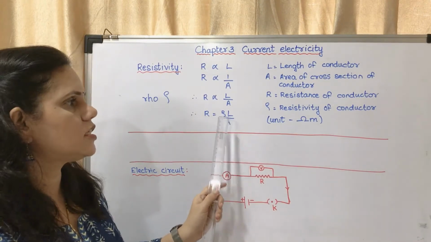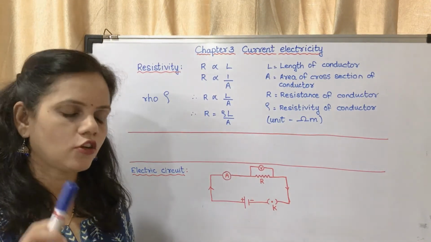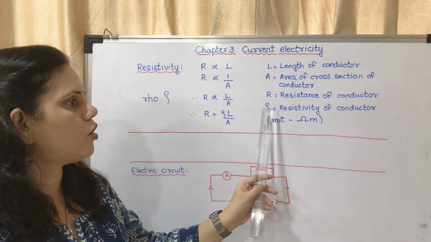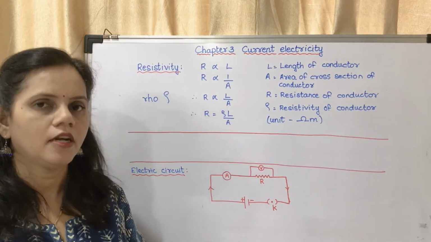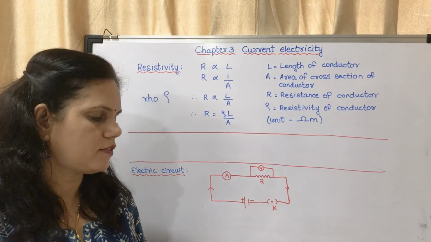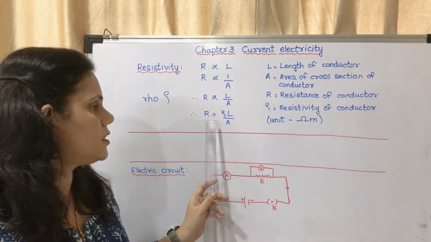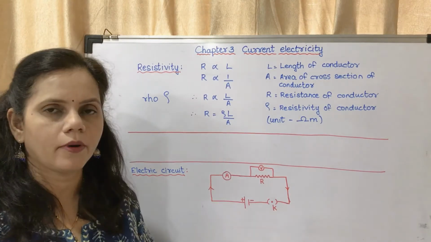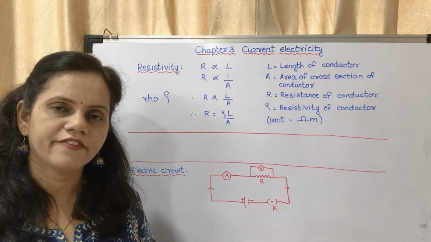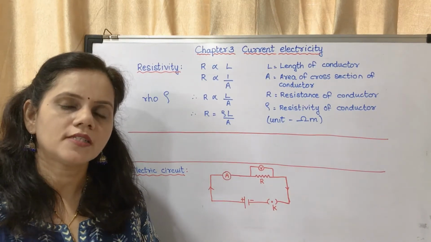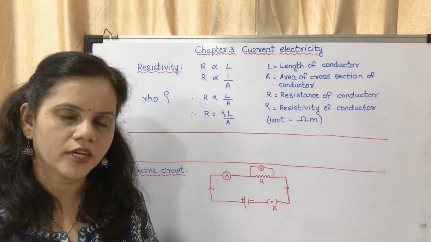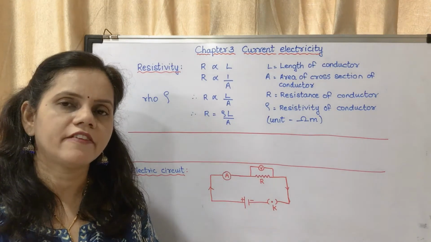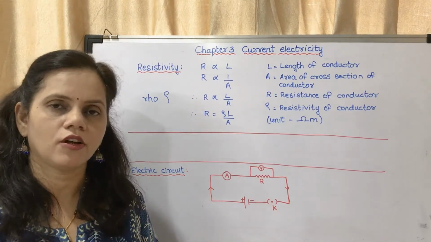Here the constant is rho, the constant of proportionality. And what is rho? Rho is the resistivity of the conductor. So this much you have to write, till R is equal to rho into L upon A, where R stands for resistance, rho stands for resistivity, L stands for length of the conductor, and A stands for area of cross section of the conductor.